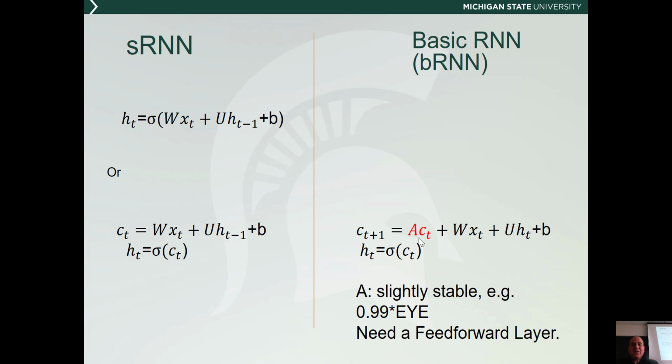And so this is a linear term, and this linear term helps stability of a dynamic system, okay? So you could say this A here could be a scalar times the identity, and that scalar has to be between, let's say, 0 and less than 1 in absolute value.